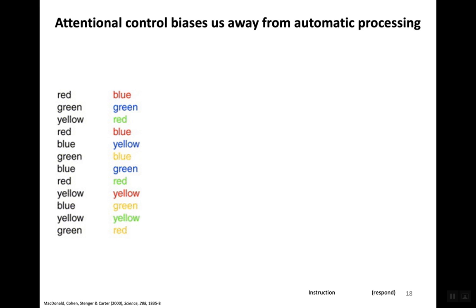last year, this pits against each other two very different processes. One is reading and the other one is naming. To be more specific, reading words that denote colors, as opposed to naming the color of the fonts that make up a word. And what the Stroop task reveals is the fact that whenever you try to name the color of a word, that tends to be a slower, more laborious process as opposed to just reading the words denoting colors.